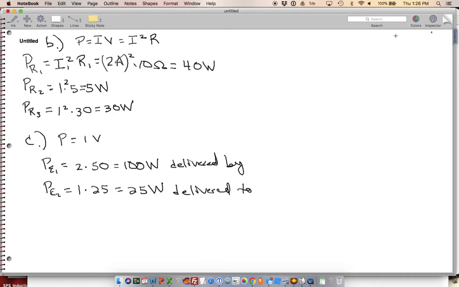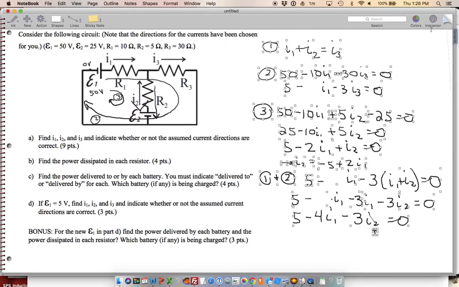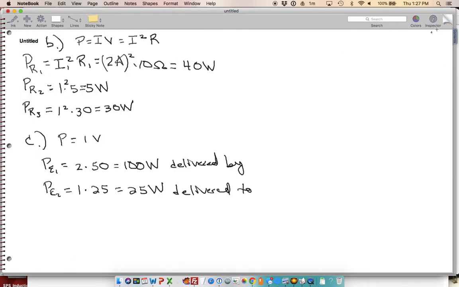If you think about it, looking at the picture, the current is going out of E1, so it's delivering to something, and the current is going into E2, so the power is going into E2 and coming out of E1. So this is the amount of power delivered by E1, and this is the amount of power delivered to E2.